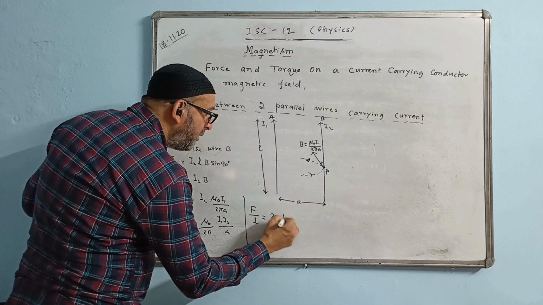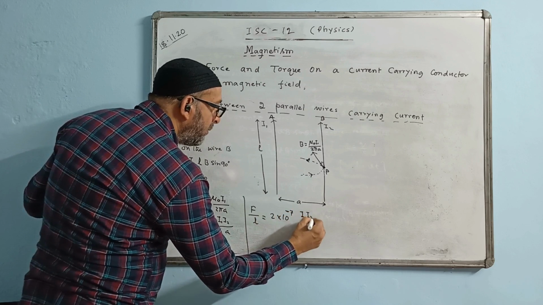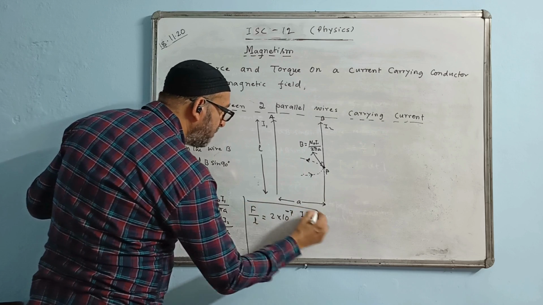So the answer will come only 2 into 10 to the power minus 7 I1 I2 by A. This becomes a formula.